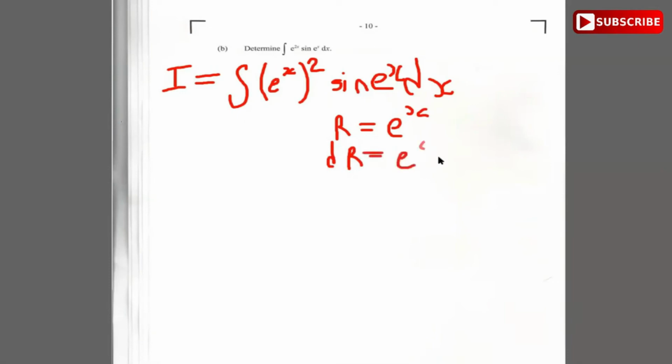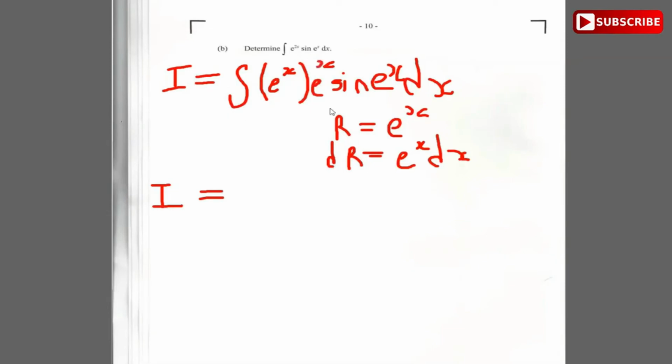So what does that mean? That means this integral I works out to be, e to the x squared can be written as e to the x times e to the x.